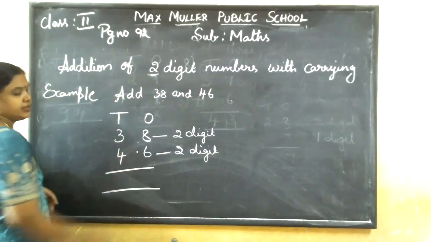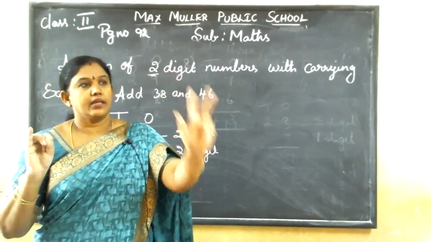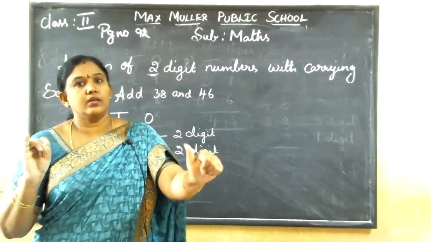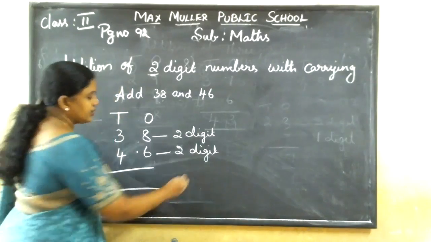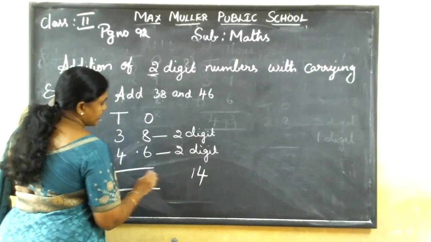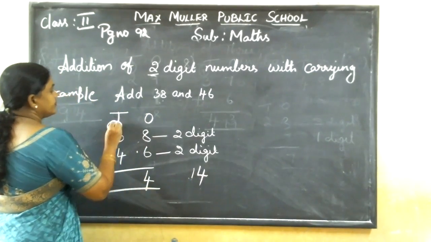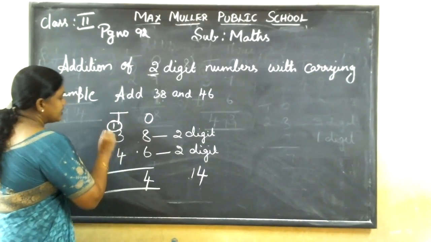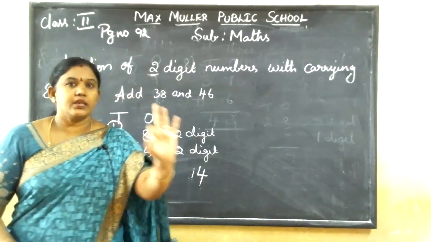8 in the mind, 6 in the finger. After 8, 9, 10, 11, 12, 13, 14. 14 is 2-digit number. So 4 we will write in the ones column, 1 we will carry to tens column. First we will add these two numbers. 1 plus 3. 1 in the mind, 3 in the finger.